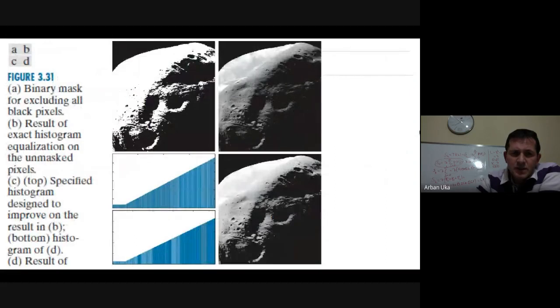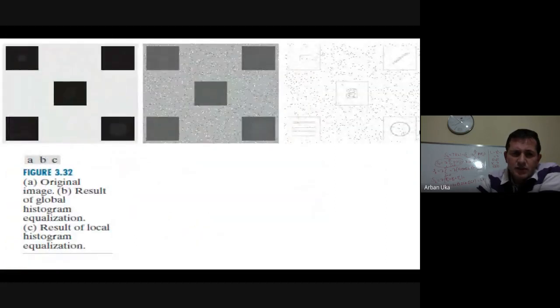Here we see again examples of improvement. Now, when you talk about histogram equalization, we can have both global histogram equalization or local histogram equalization. The local one is much better, because in images we can have regions where, let's say, one edge of the image has a very low intensity and the other edge has a very high intensity.